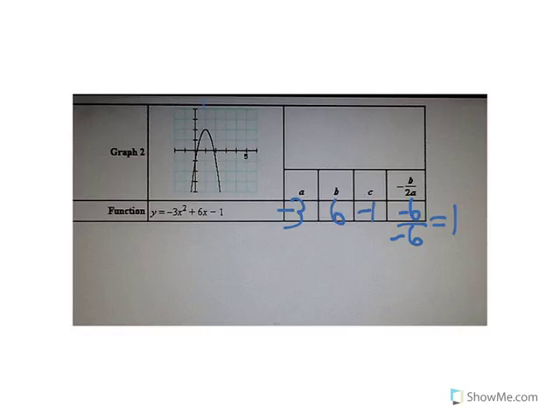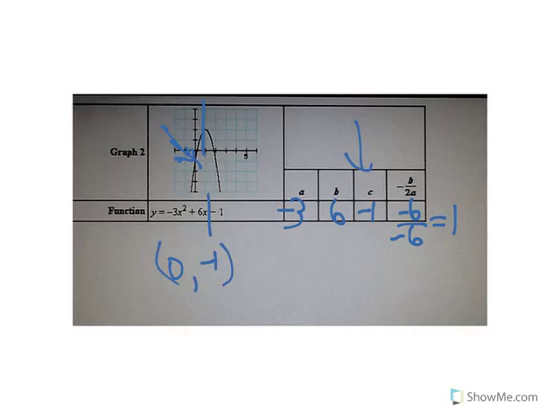So that's why your line of symmetry is right here when x's value is 1. And that makes sense. If you look where it crosses here, there is a y-intercept right at this point. That is where it crosses the actual y-axis. So 0, negative 1 is going to be a point there.